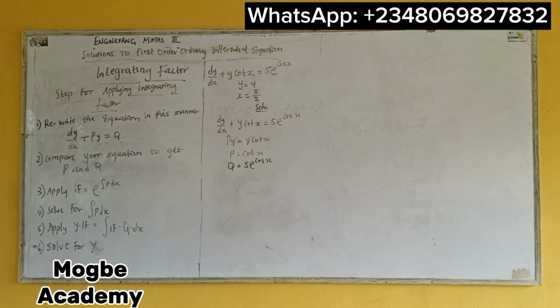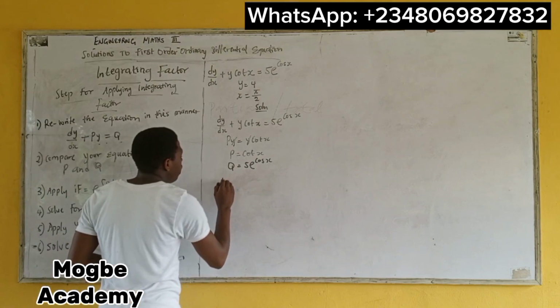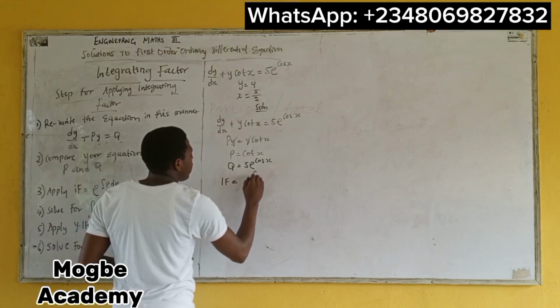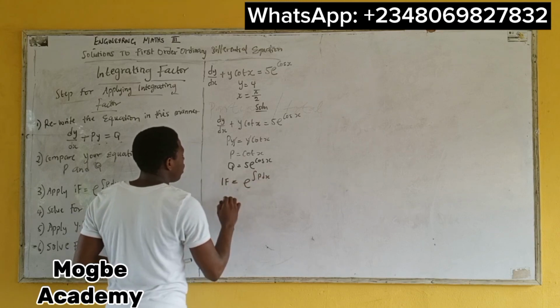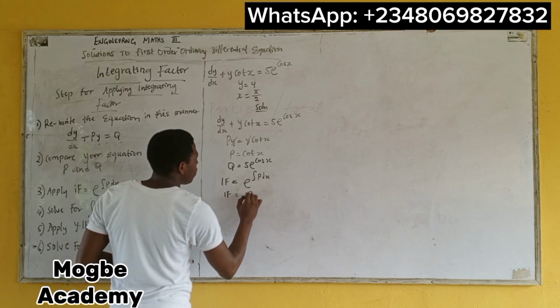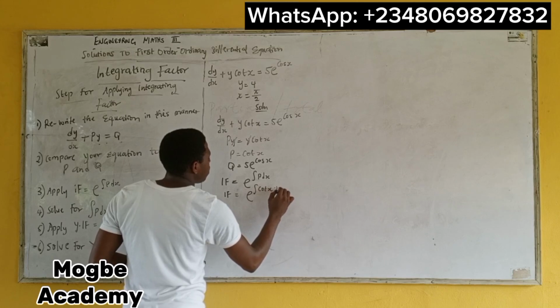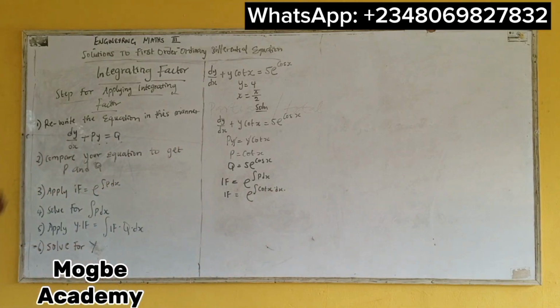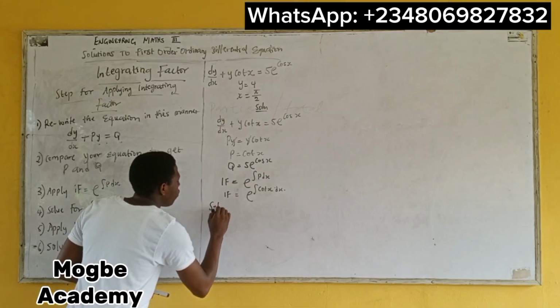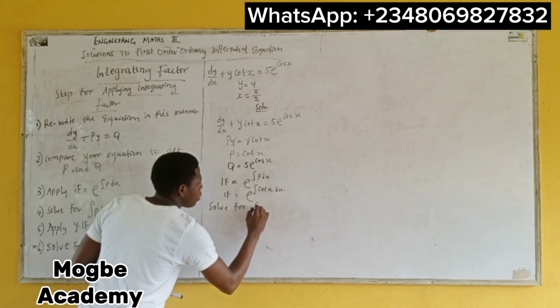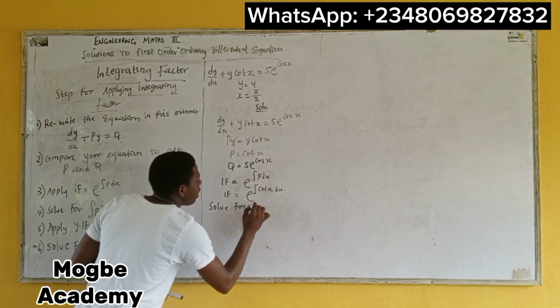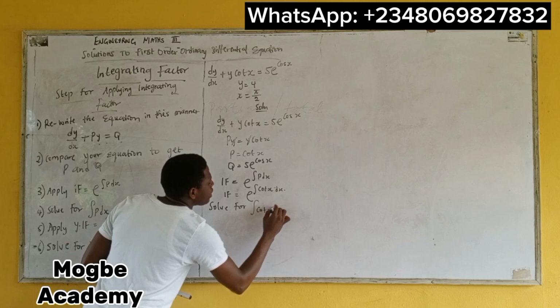So we've gotten our q and our p. The next thing is to apply your IF. You know that the IF is equal to e to the integral of p dx. We know our p, so taking that into the equation, you have e to the integral of cos x dx.